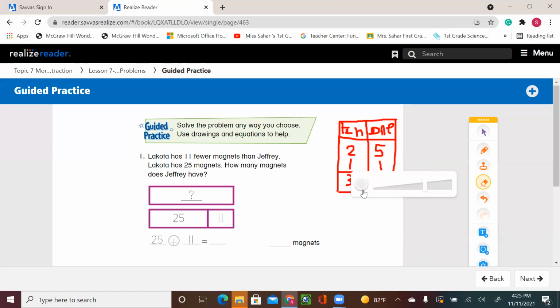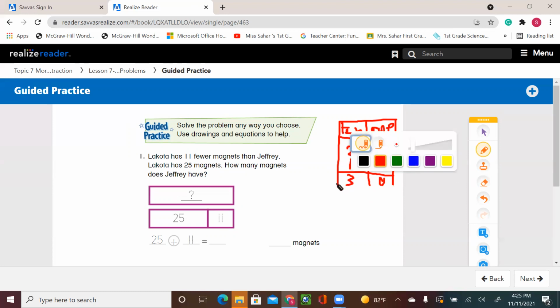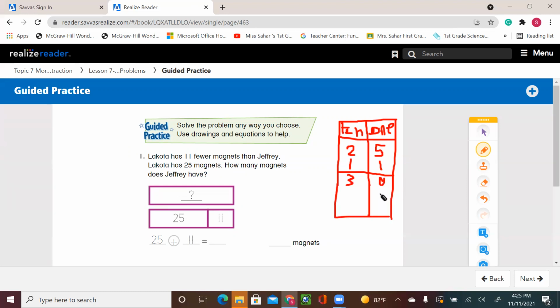Let me make this a little bigger. Now I'm going to add the ones. So 5 plus 1 equals 6.